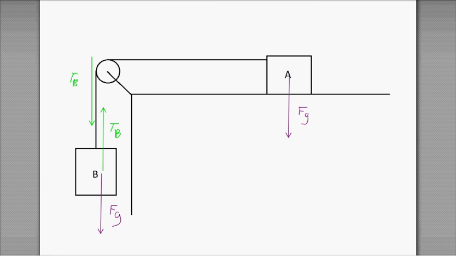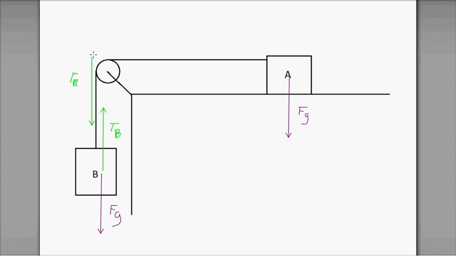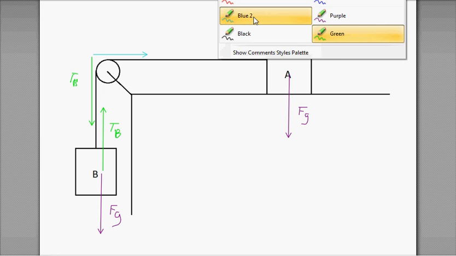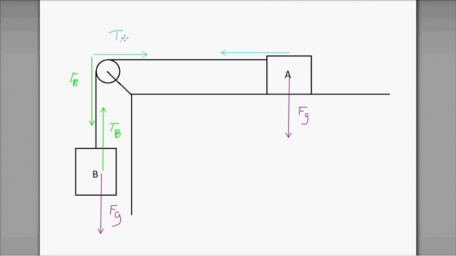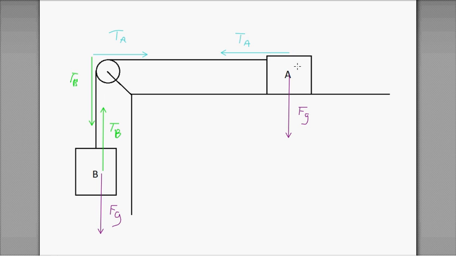So let's label the tensions that act on our A, though. Here and here, put it off to the side, we should have our tension A's. Okay, now we need to go over here to A. We're going to have some other interesting things acting on A real quick, and then we'll be done.